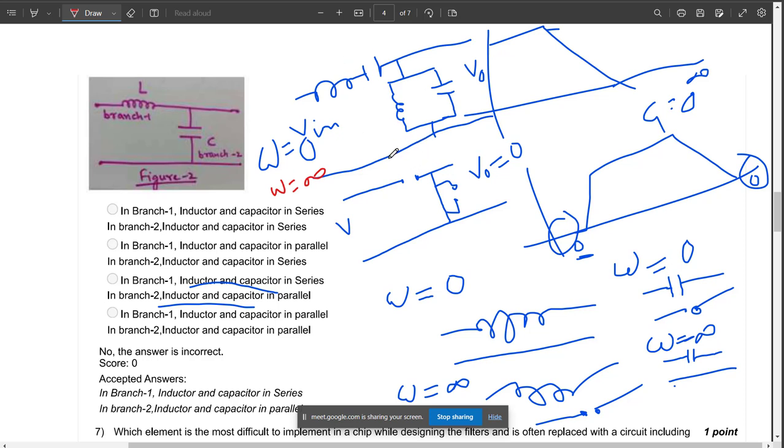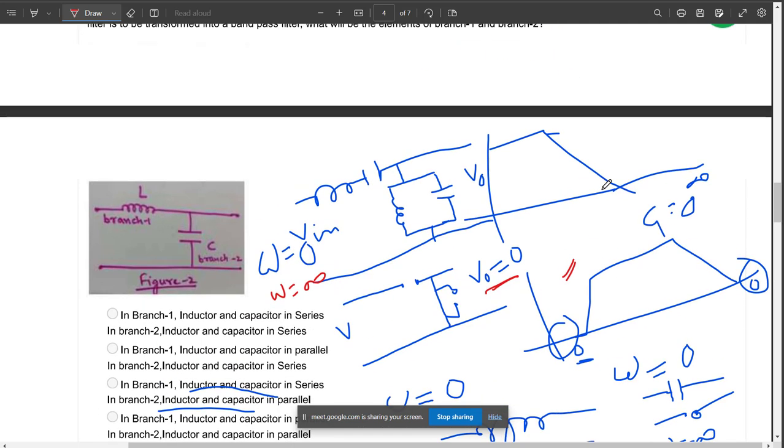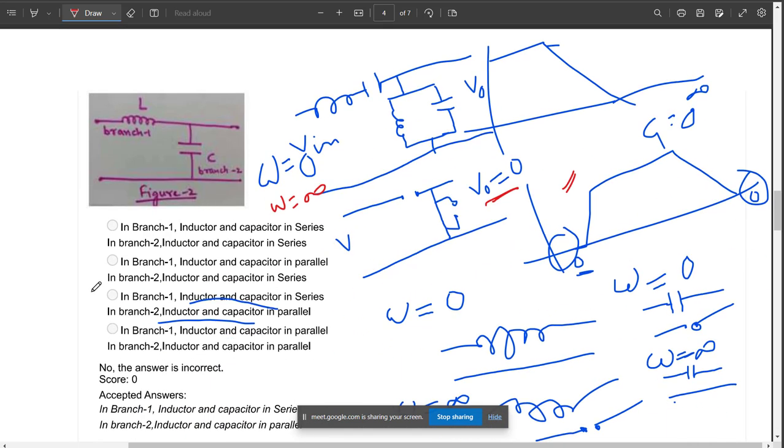So here also we get this circuit and Vo is 0, so we are not getting any output. Thus in branch 1 we will be putting an inductor and capacitor in series, and in branch 2 we will be putting an inductor and capacitor in parallel for a band pass filter. All right. So option C is the correct answer.